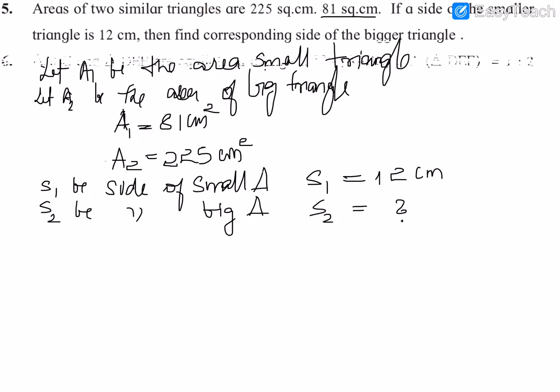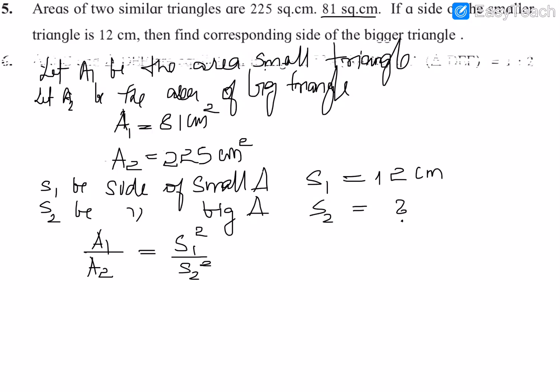It is given that the two triangles are similar. So by using our theorem, the theorem of areas of similar triangles, the ratio of the areas of the triangles is equal to the ratio of the squares of the corresponding sides. We can write area of triangle 1 divided by area of triangle 2 equal to S1 square by S2 square.